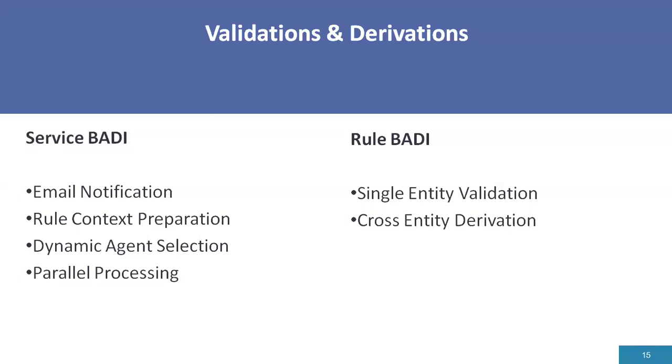Okay. So in continuation of validations and derivations, we have two types of BAdIs. One is service BAdI, another one is rule BAdI. Under service BAdI, we have email notification, rule context preparation, dynamic agent selection, and parallel processing. Whereas in rule BAdI, we have single entity validation and cross entity derivation.